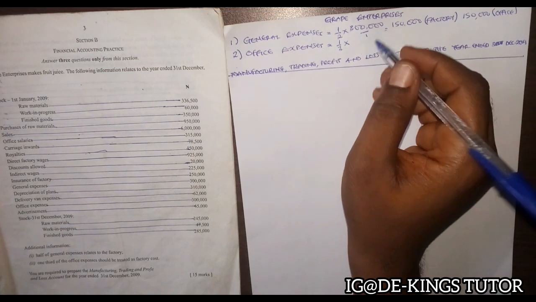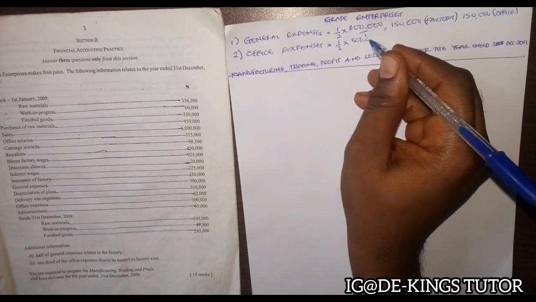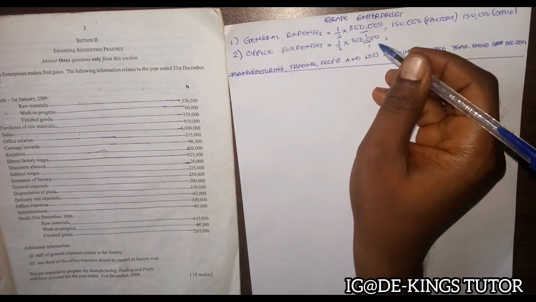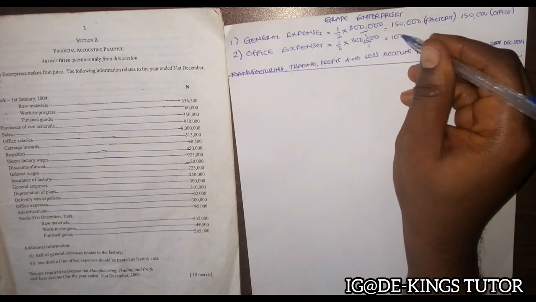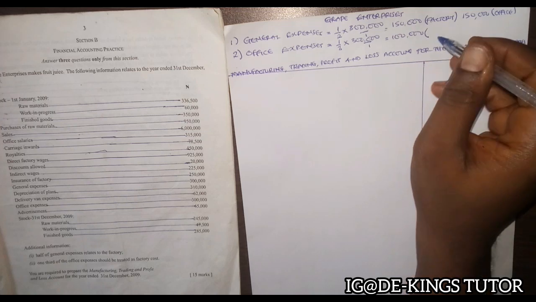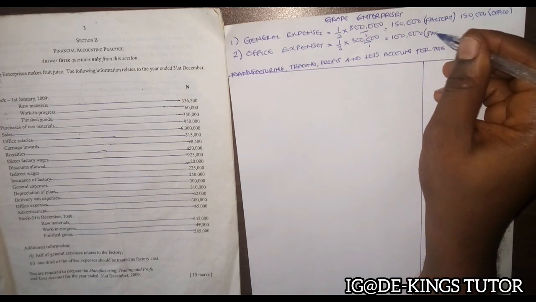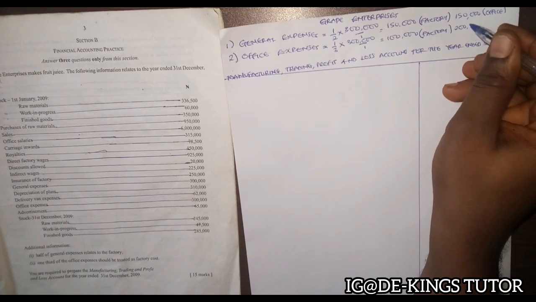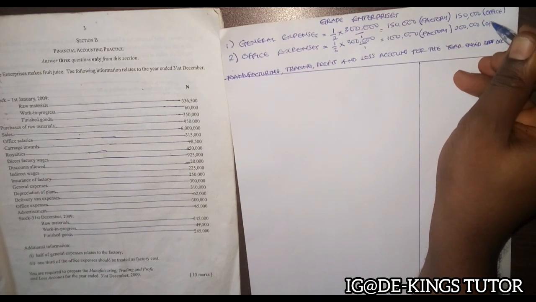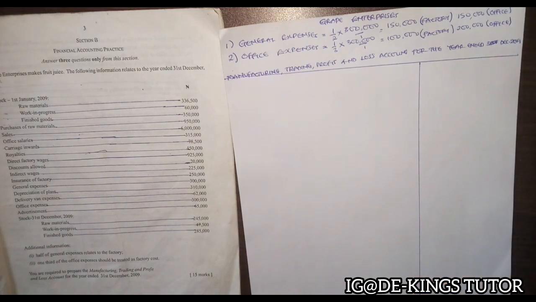So 1/3 of 300,000 will give us 100,000. And they said that is for factory. So it means the balance remaining 200,000 is for the office. Okay, now let's post this item.